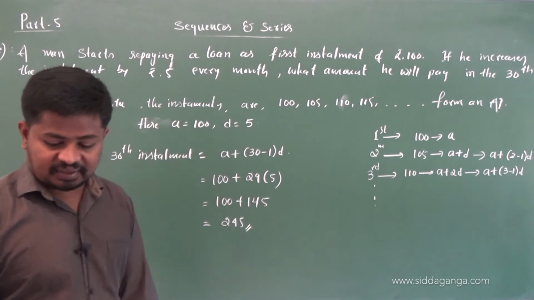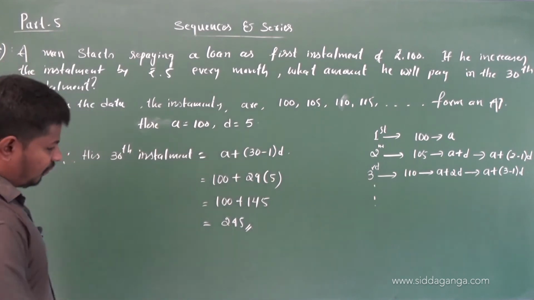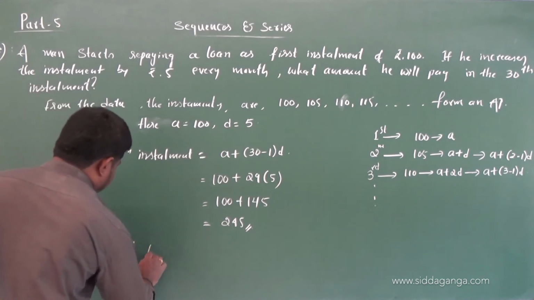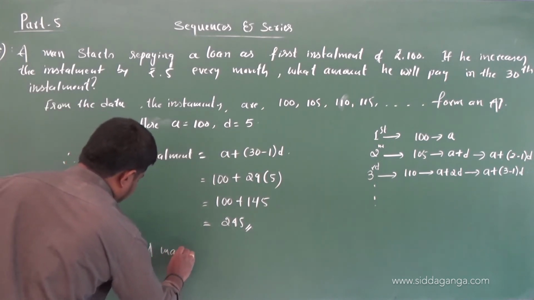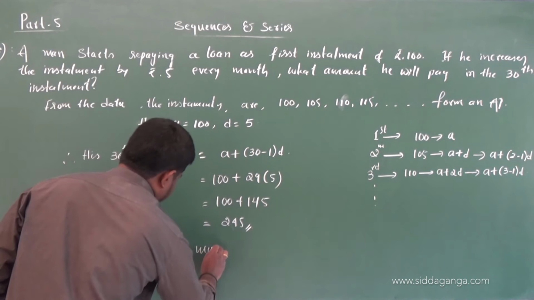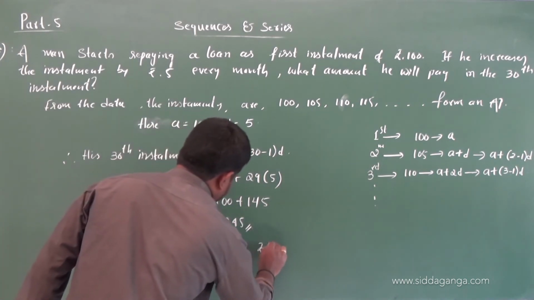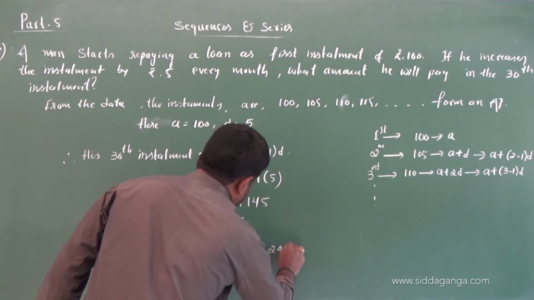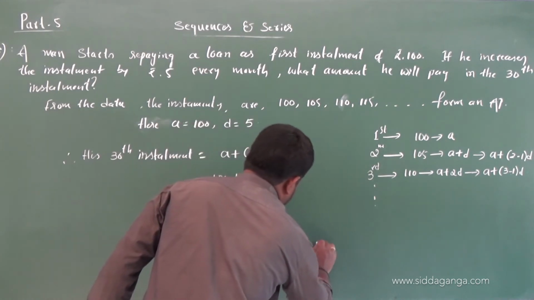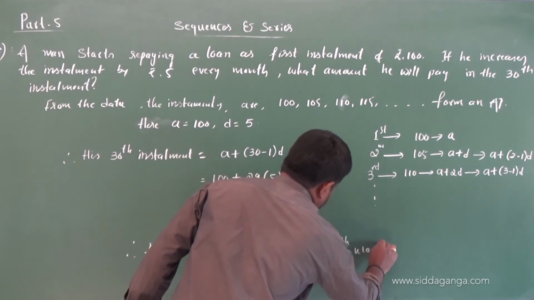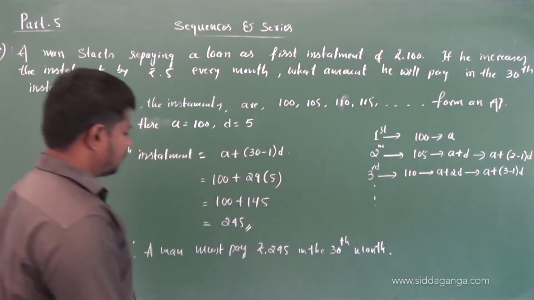Therefore, the man must pay rupees 245 in the 30th month. That's it.